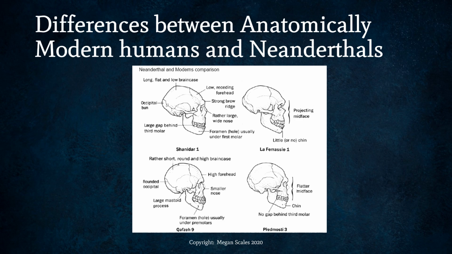We definitely are seeing some foreheads in the Qafzeh and the Predmostí skulls on the bottom of this graph here. We're seeing the chin or bony protuberance at the bottom of the mandible, smaller nose, a flatter mid-face, and a more rounded occipital region rather than that bun shape in the back of the skull on the Neanderthals.